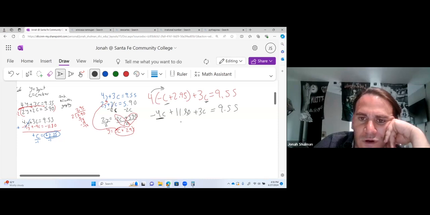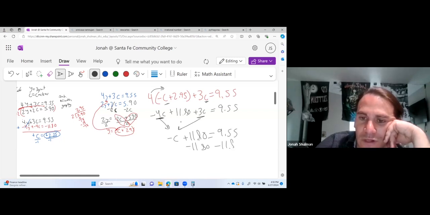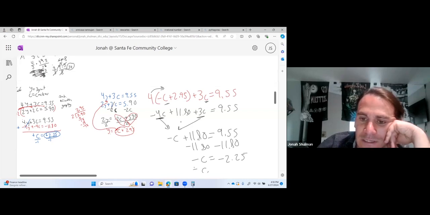So negative 4c plus 3c, we're combining like terms: negative c plus 11.80 equals 9.55. And if we subtract 11.80 from this, guess what? We're left with the exact same amount of the crackers. Negative c equals a negative $2.25. So a positive c equals a positive $2.25.